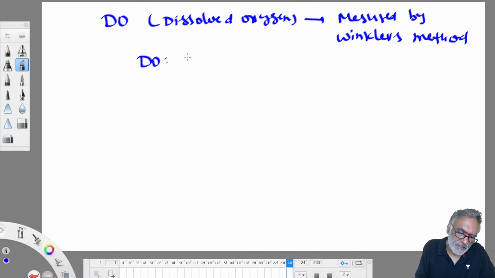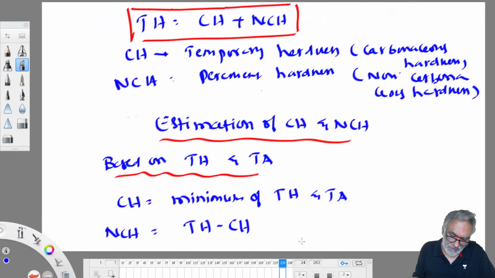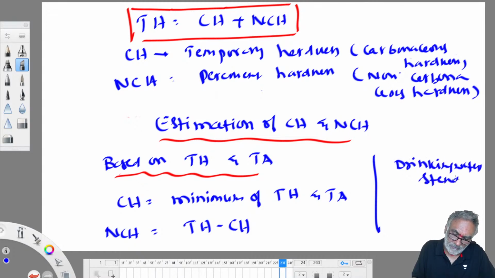And the drinking water standard: DO should not be too high, should not be too low, so 3 to 4 milligram per liter should be there. Hardness also has a drinking water standard. Total hardness should preferably be less than or equal to 300 milligram per liter as CaCO3.